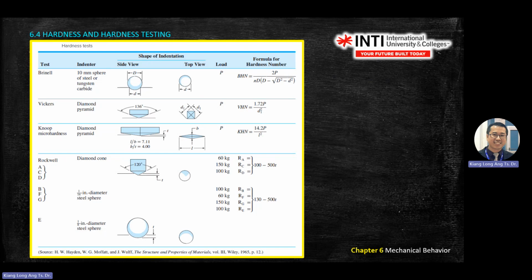Then you apply the VHN, Vickers hardness value. You use 127 P divided by D1 multiplied by D2. In the experiment, you need to measure 2 times. You just press on the machine.